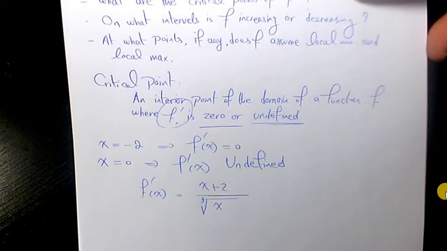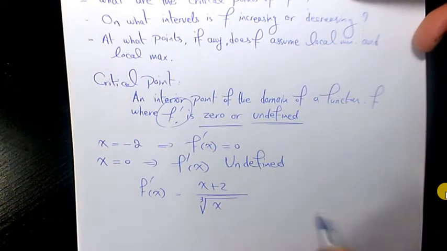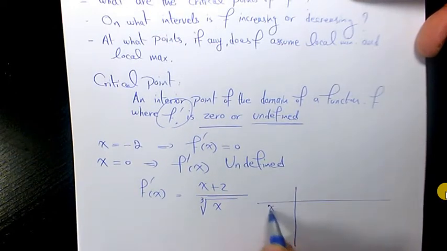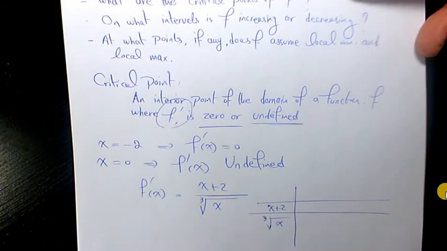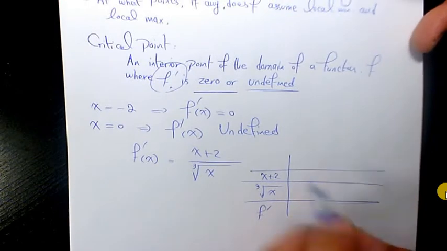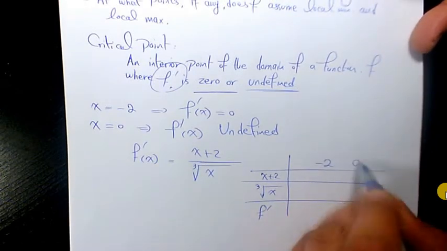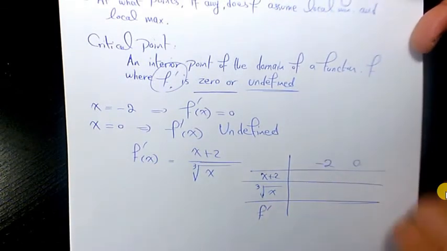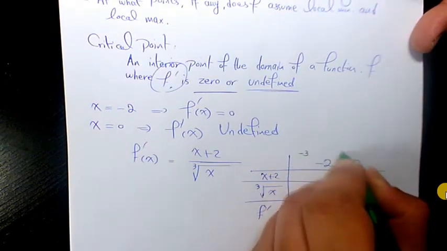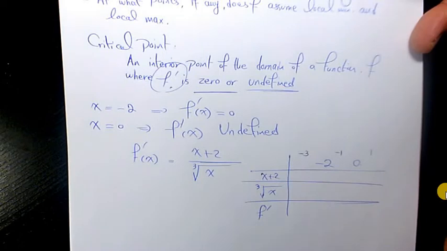Now we need to find out the interval of increase or interval of decrease. We have x plus 2, we have cube root of x, and we have f prime. The critical points are negative 2 and 0. We divide the regions into three different regions, using negative 3, negative 1, and positive 1.